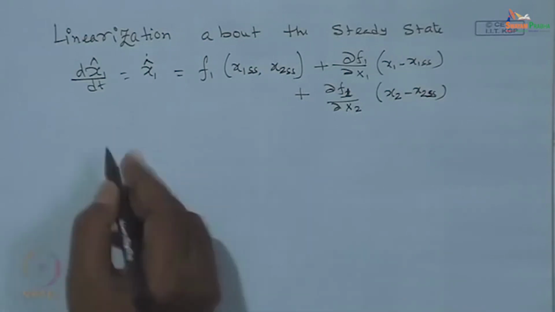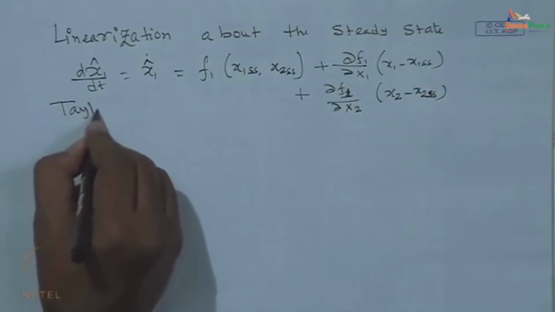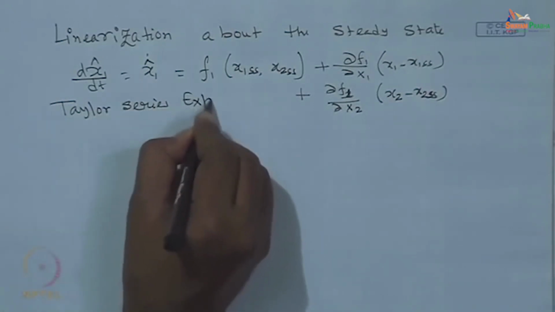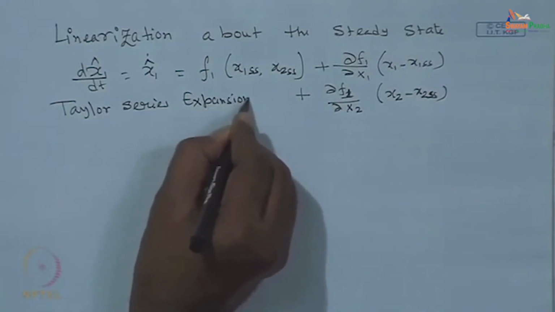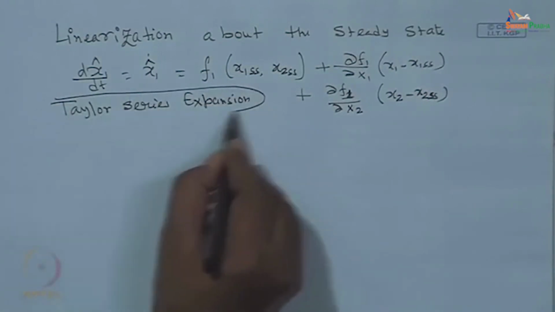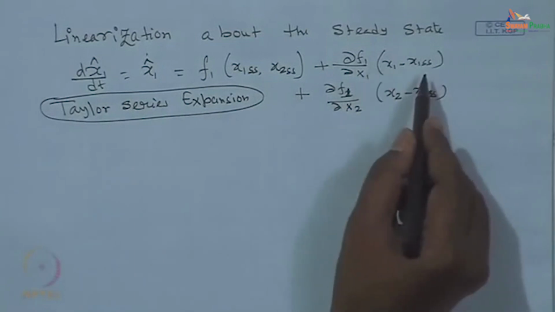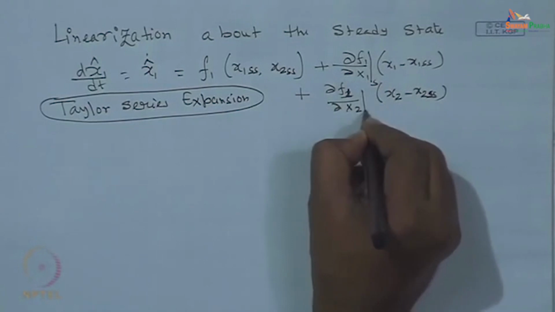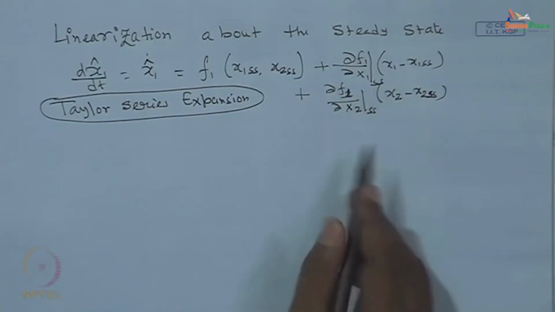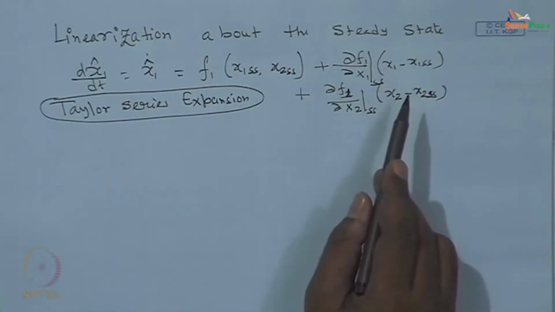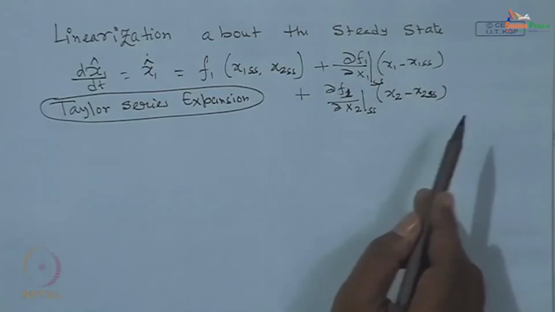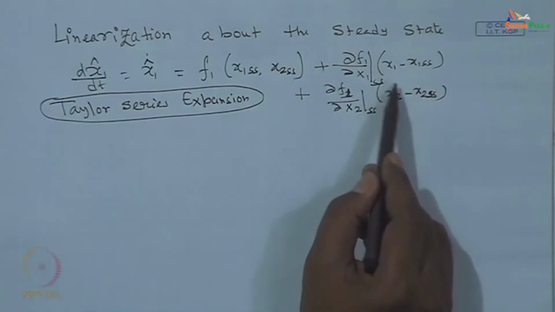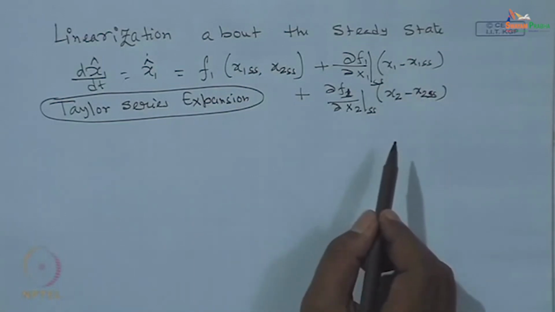So, we linearize this by Taylor series expansion and retain only the first term of the expansion, and these derivatives are evaluated about the steady state. We retain the first term of the Taylor series expansion and delete the higher order terms, because the deviations are extremely small compared to the steady state.